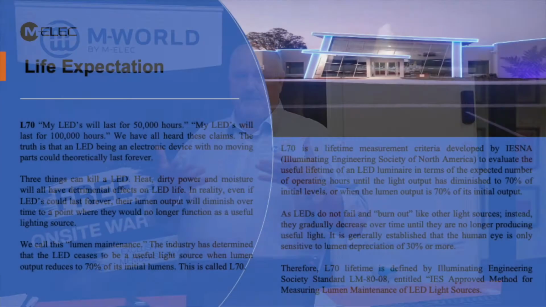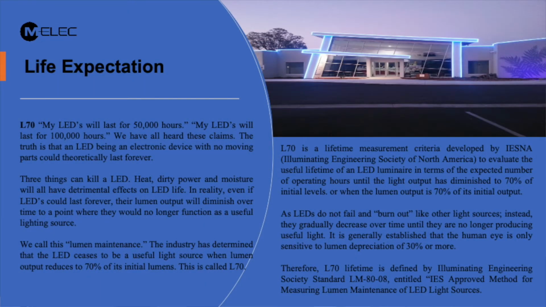This is all done in-house under test conditions, and once it gets down, that's what we call L70. That is what we talk about when we look at the life expectancy of an LED light. It means it reaches 70% of its initial output. That's when we gauge the lights.